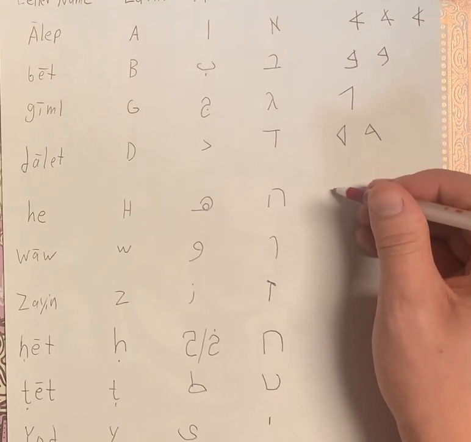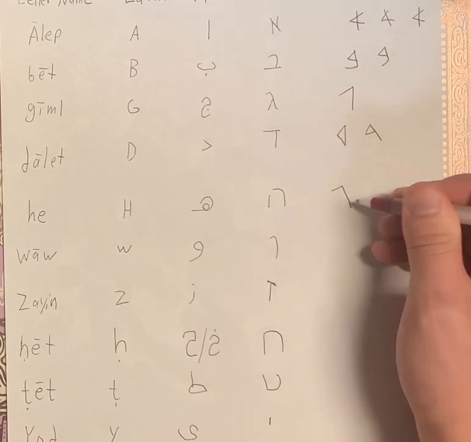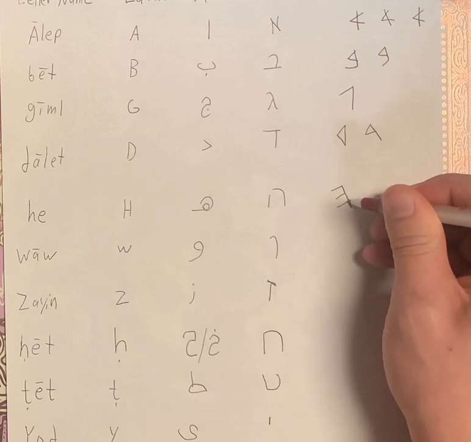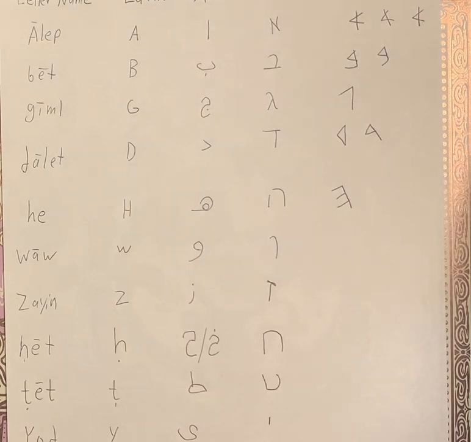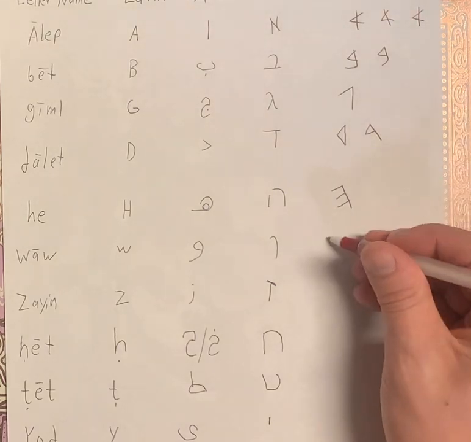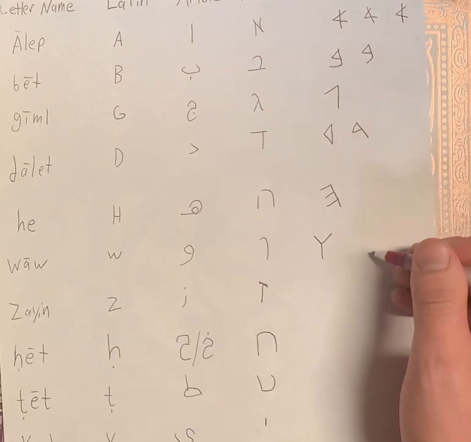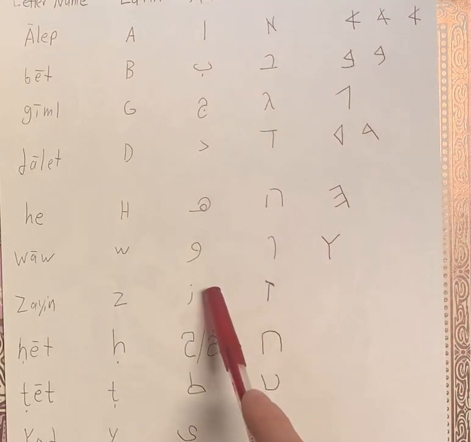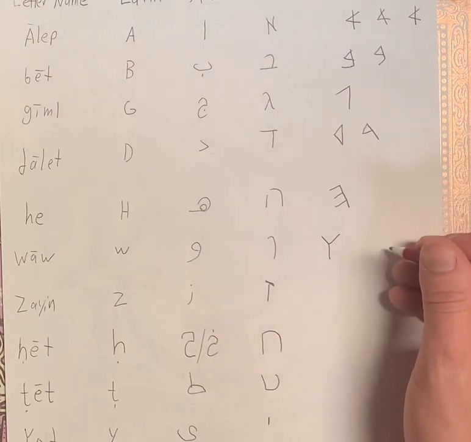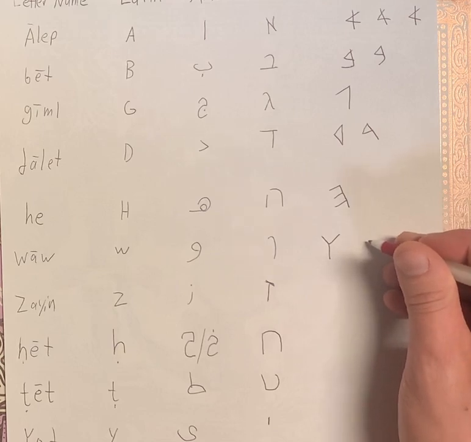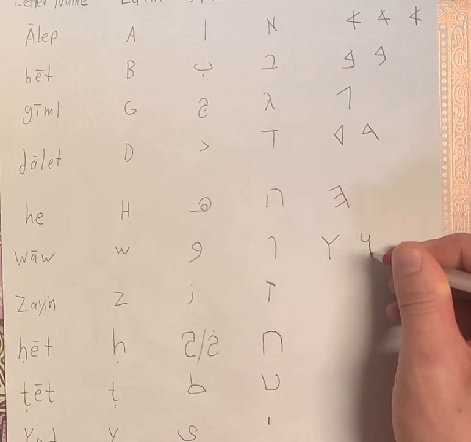Next we have he, which is basically like a backwards E. And then we have waw, which almost looks like the letter Y. It makes a W or an U sound, much like the Arabic letter Waw and the Hebrew Vav. And it can look like this Y shape or this more cursive Y shape.